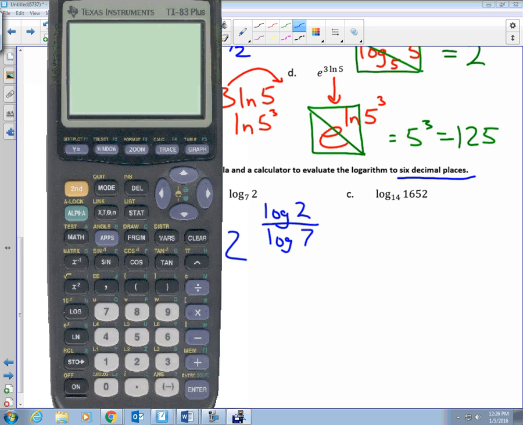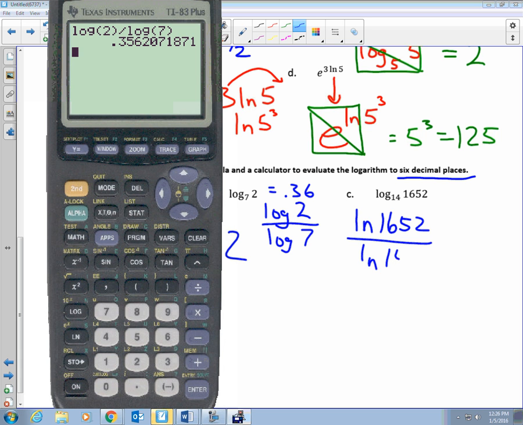Just do log 2 by log of 7. We can do 0 and 1. Yeah, 3, 2.81.